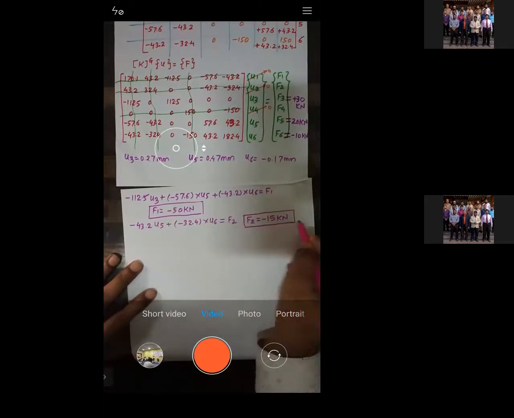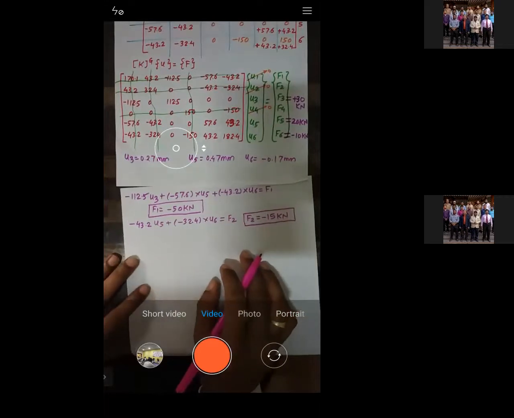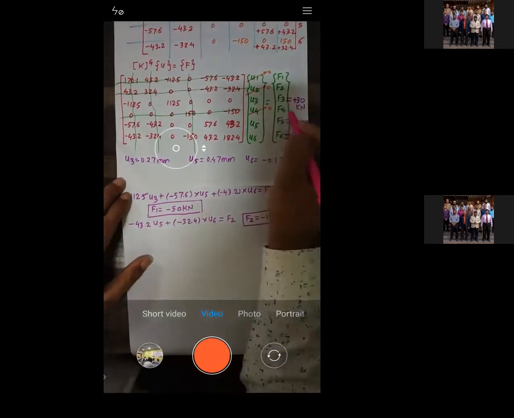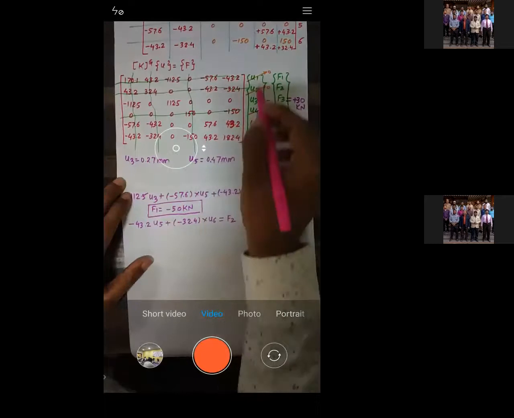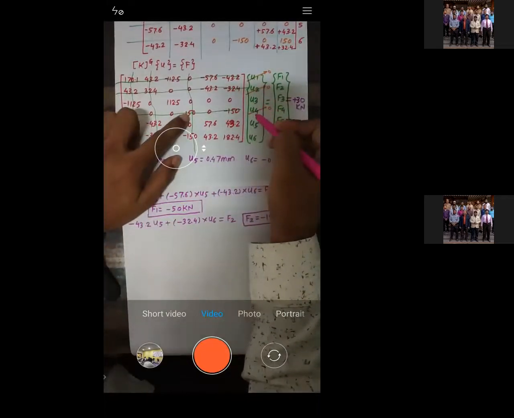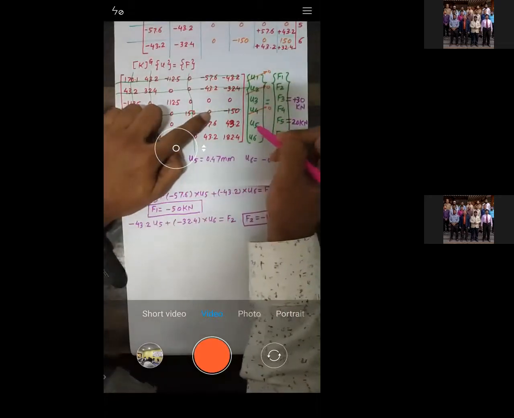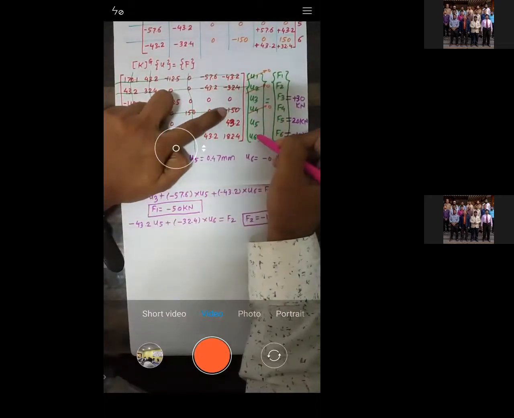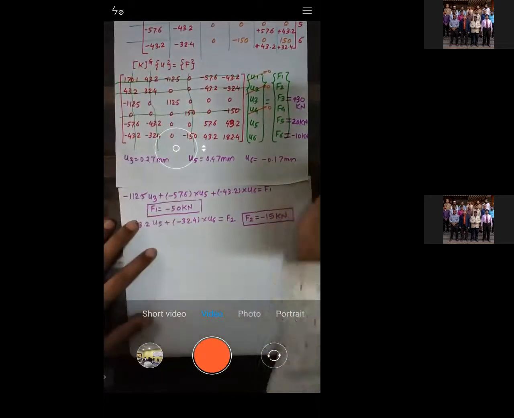Similarly, we need to go for F4, the fourth row by this column, right? The initial two terms are 0. 0 into U3 is again 0. 150 into U4 is again 0. 0 into U5 is 0. So minus 150 U6 is equal to F4.